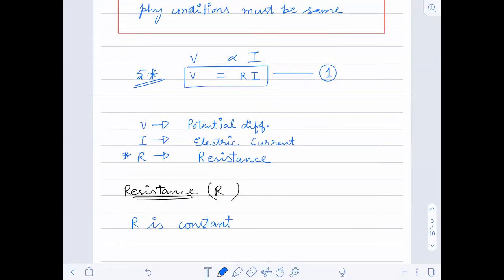Now, what does this R depend on? From equation 1, everybody just check: can I write R = V by I?